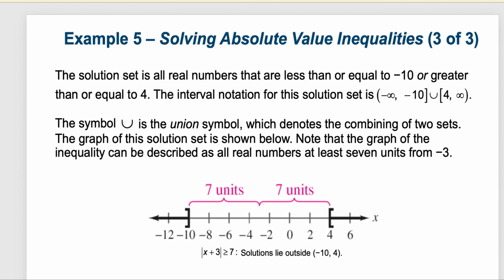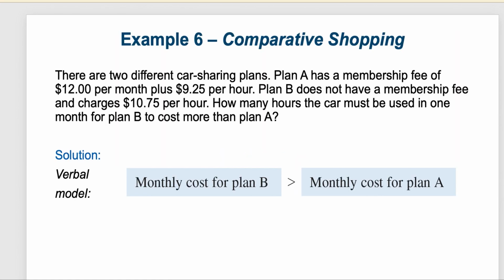Now let's take a look at an application problem. You have two different car sharing plans. Plan A has a membership fee of $12 per month plus $9.25 per hour.